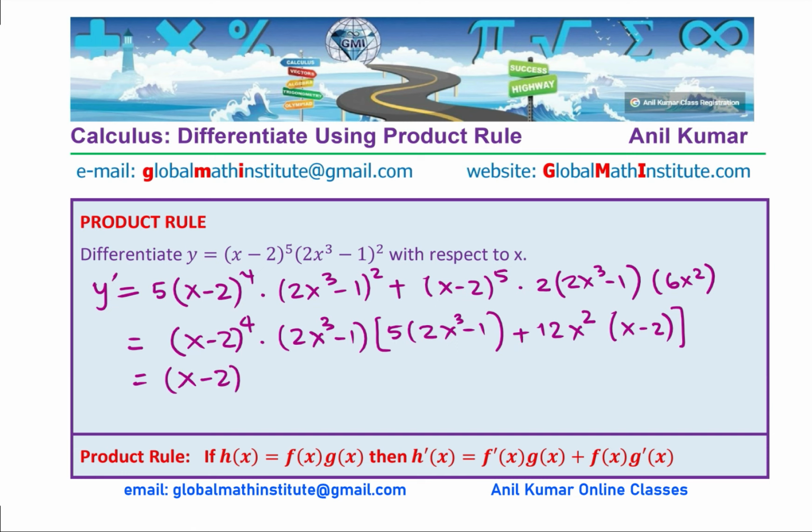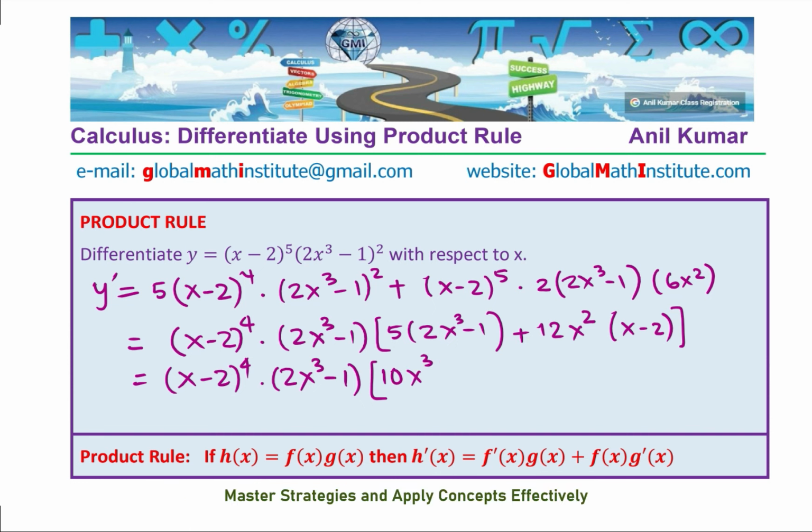(x minus 2) to the power of 4 times (2x cubed minus 1). Open this bracket: 10x cubed minus 5 plus 12x cubed minus 24x squared, right? So that gives you (x minus 2) to the power of 4 times (2x cubed minus 1).